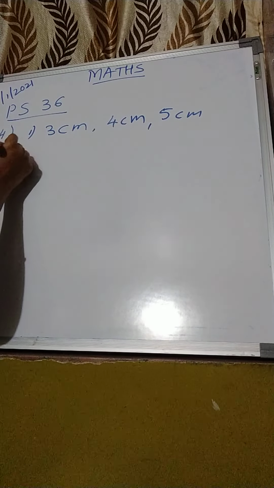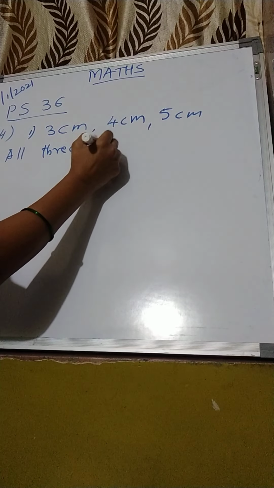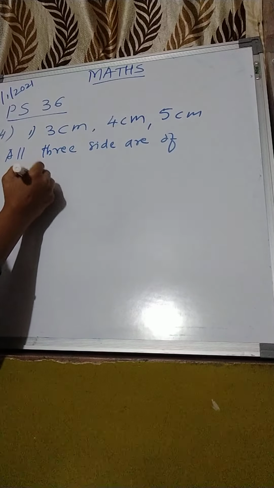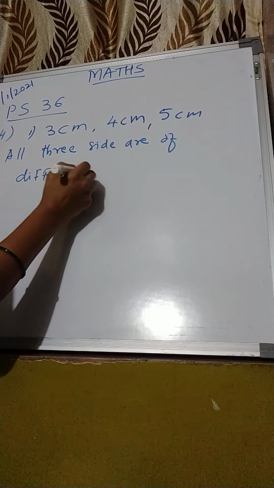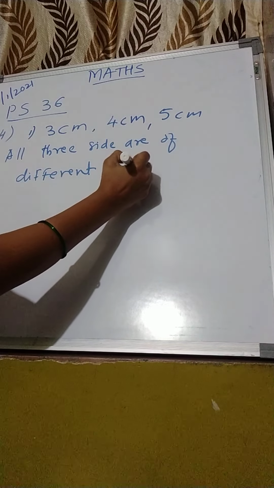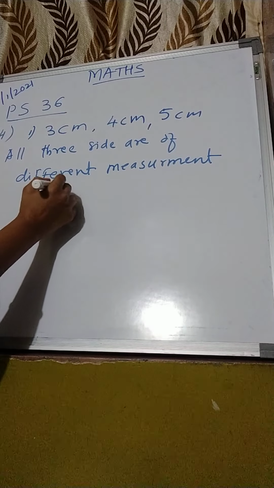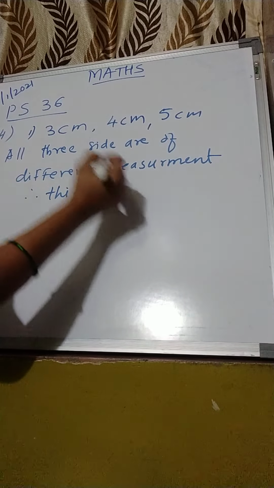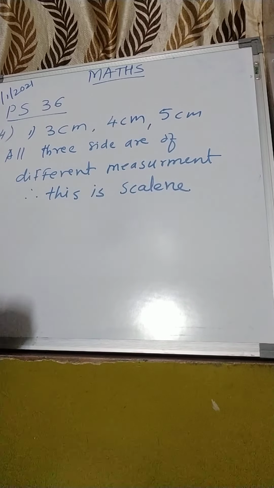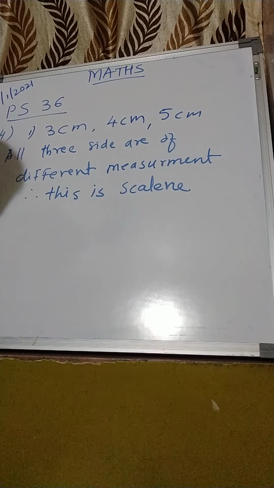All three sides are of different measurements. Therefore, this is which type of triangle? Scalene. So, like this, you have to write all the answers.